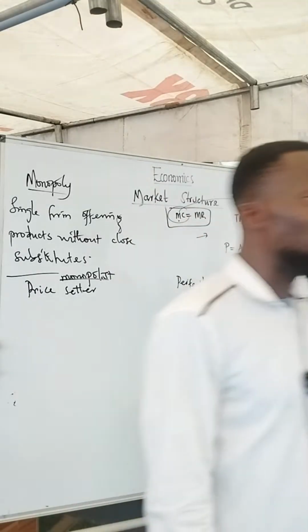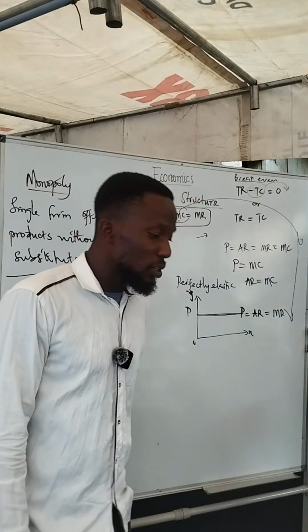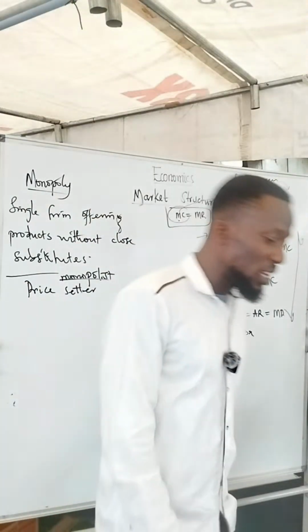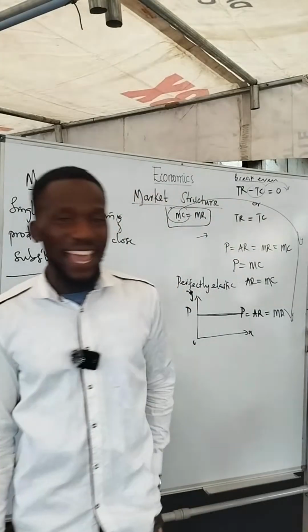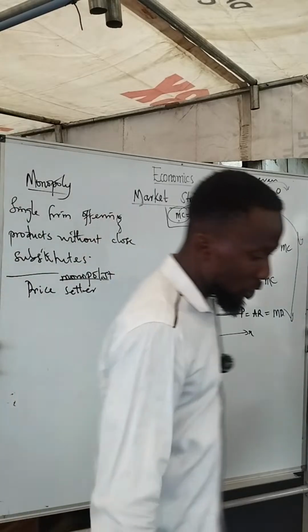You know the meaning of perfect substitute, right? Number three, there is restriction on entry and exit.